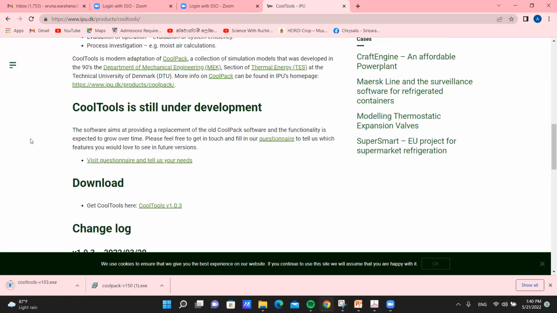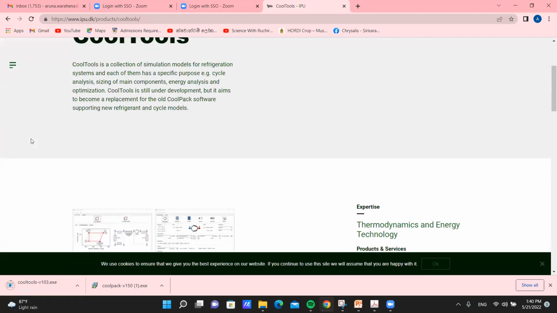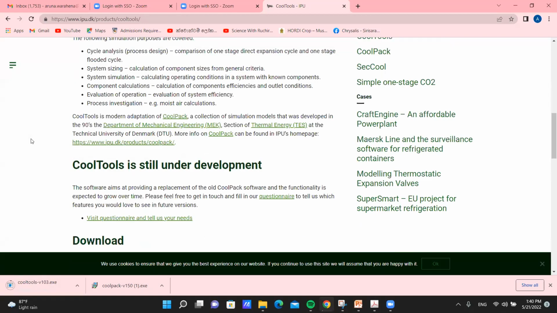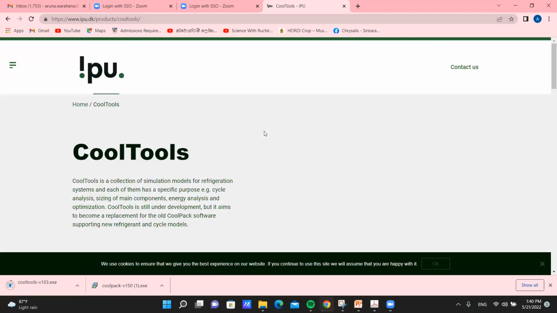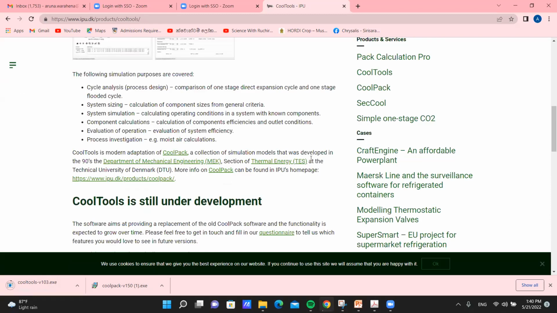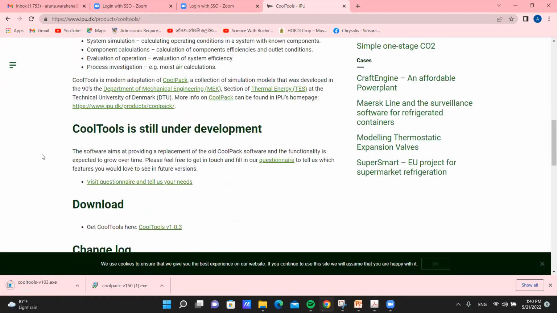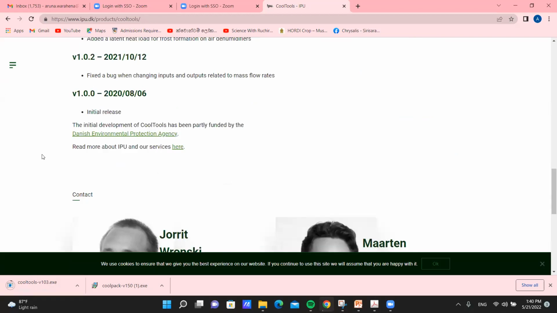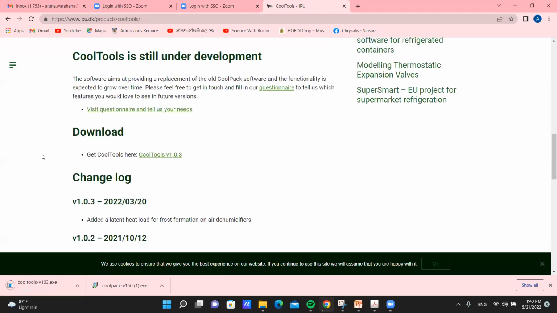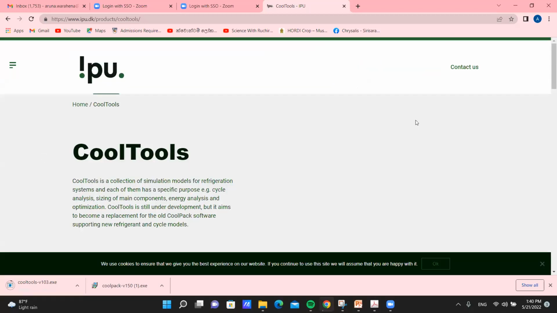So you can install this and try to make use of this. This is free software. And for the basic learning of this vapor compression cooling technology, some little analysis, this would be useful. So that's all about Coolpack.